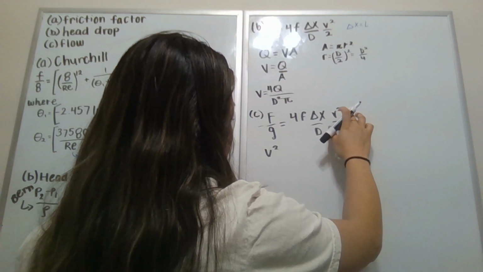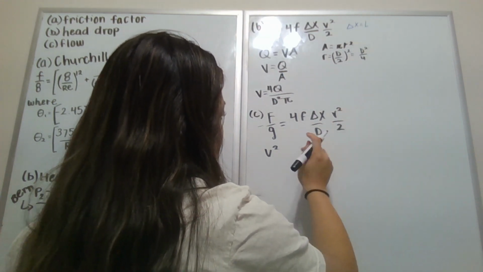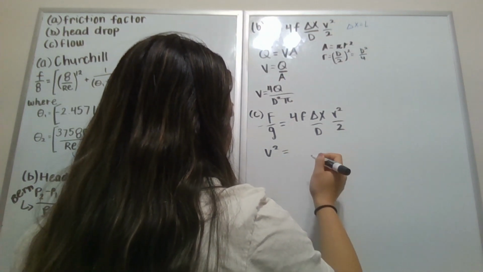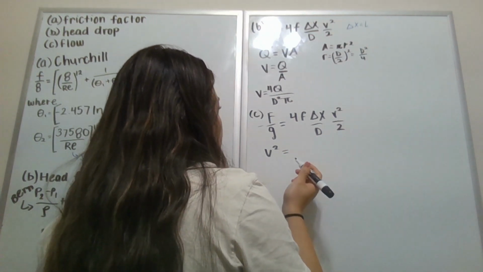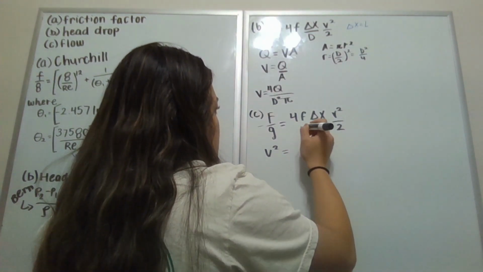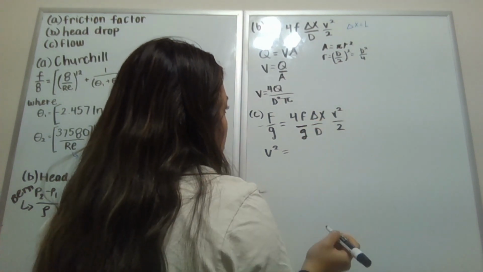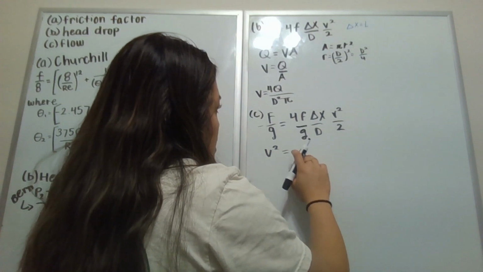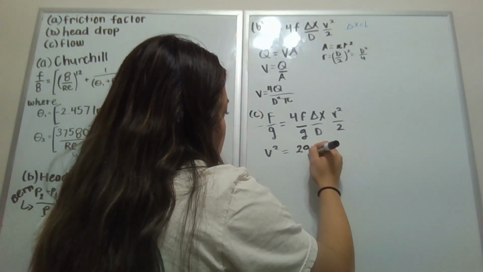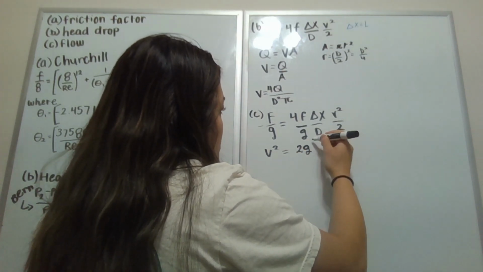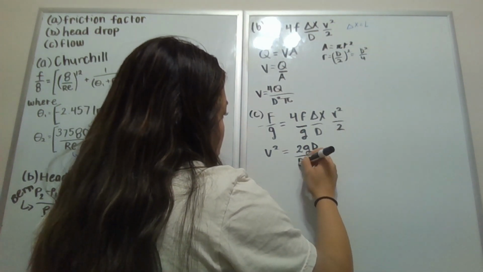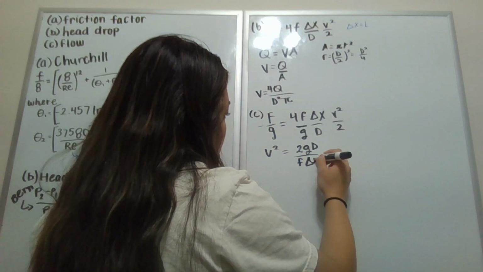If we're solving for this velocity, we're going to isolate it, so it's going to be velocity squared. This entire term is also divided by gravitational acceleration. Isolating this, it's going to give us 2 times the gravitational acceleration times the diameter divided by the friction factor times the change in x.